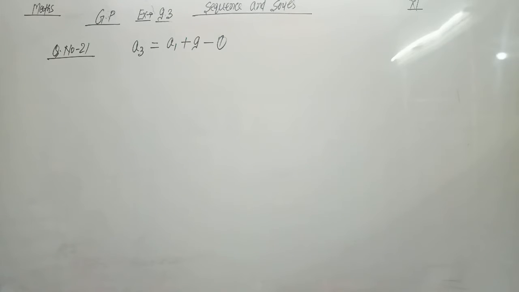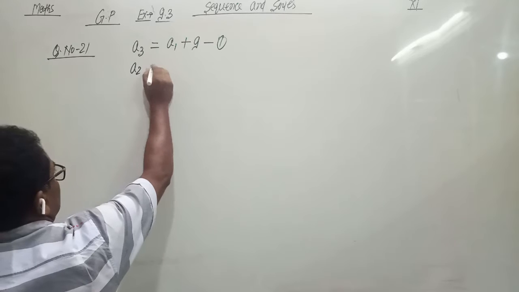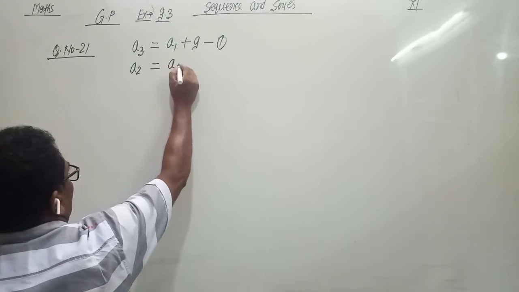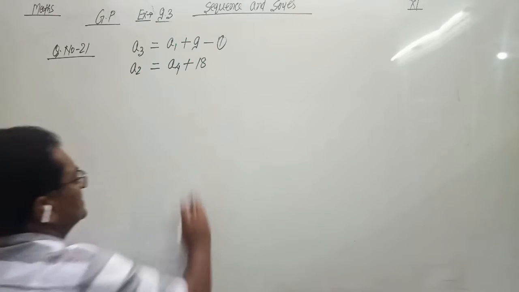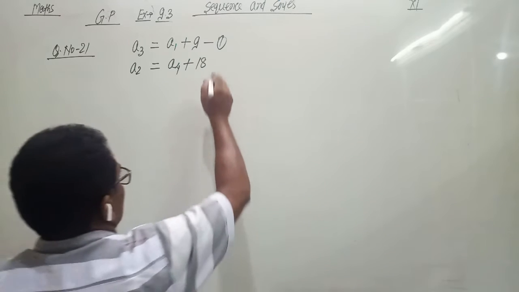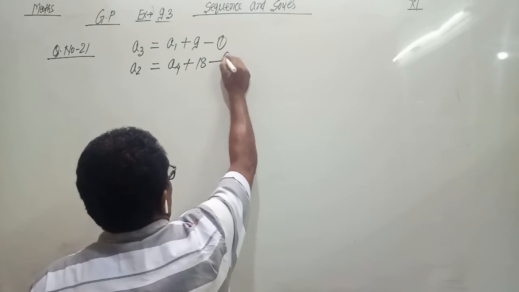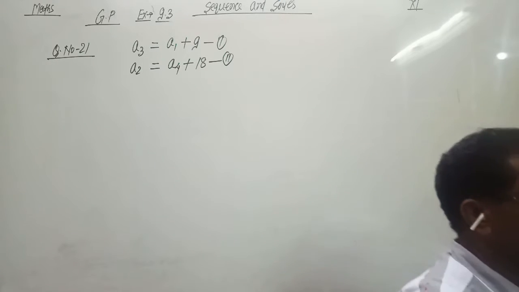This is equation number 1. Then the second term A2 is greater than the fourth term A4 by 18. This is the second condition, equation number 2. These two pieces of information are given.